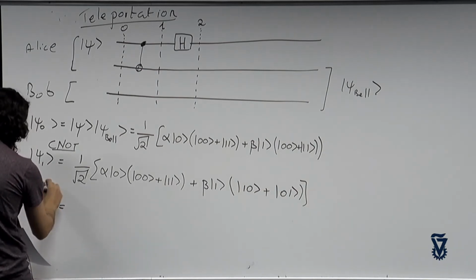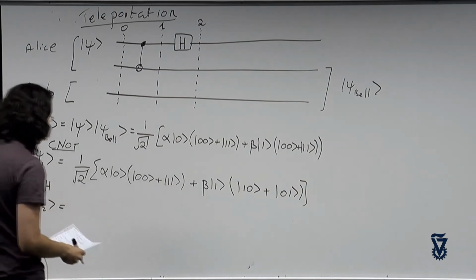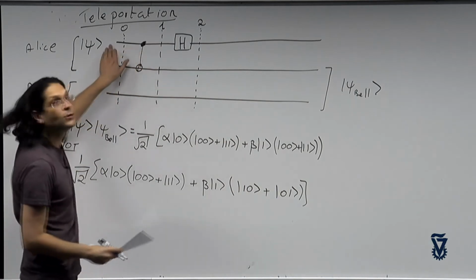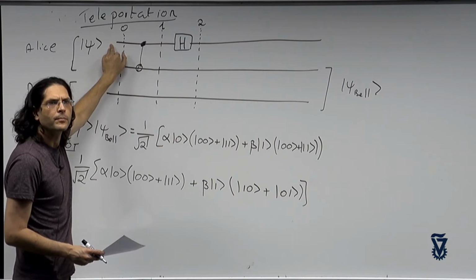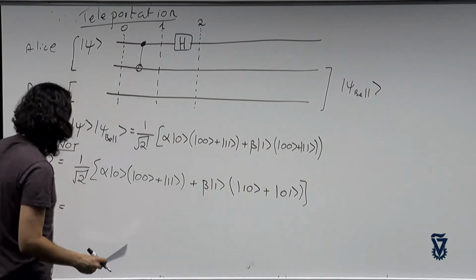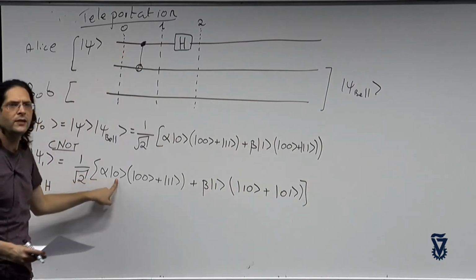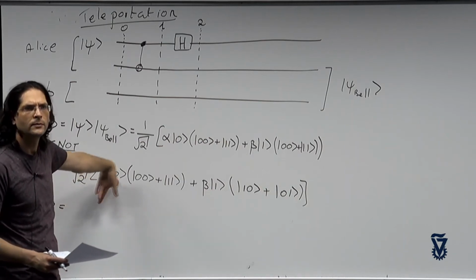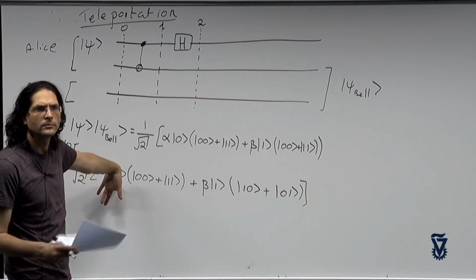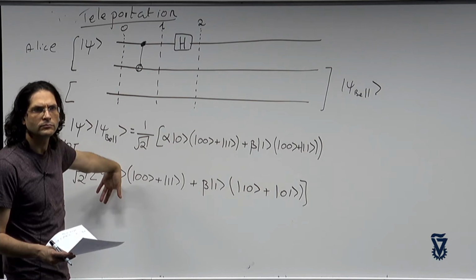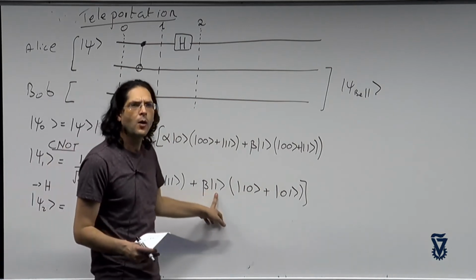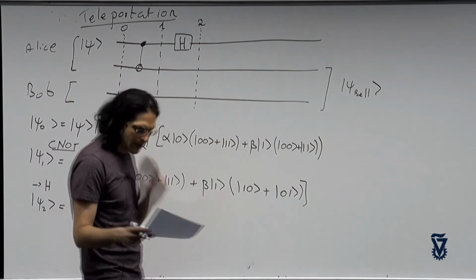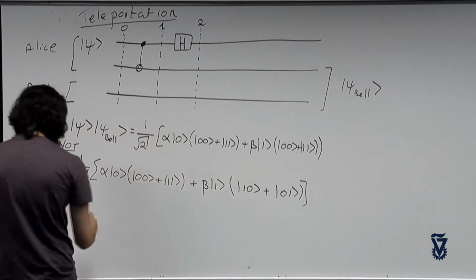We do a Hadamard here, applied to this qubit over here. So basically it takes 0 into, anyone? 1 over square root of 2, 0 plus 1, and it's going to take 1 into 0 minus 1. So let's write that explicitly.